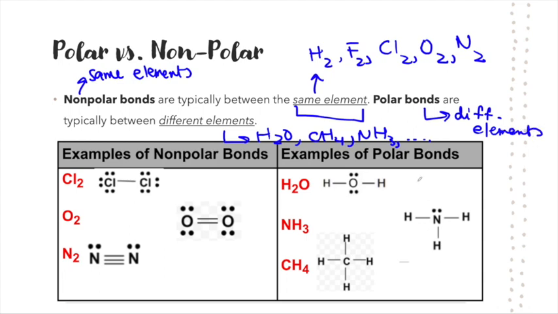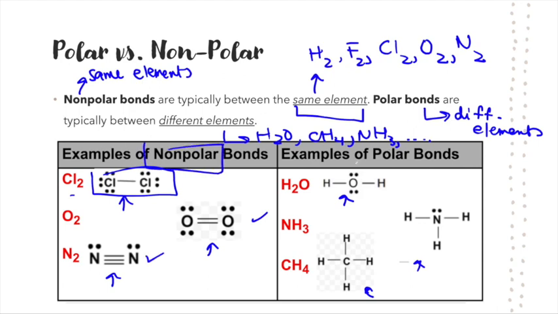And here are just examples of nonpolar bonds. Again, chlorine, Cl2, is bonding here. You can see a Lewis dot structure. These are called Lewis dot structures, and you'll see all of them here. We'll talk about this in the next video. So you see Cl2, O2, N2. These are nonpolar bonds.